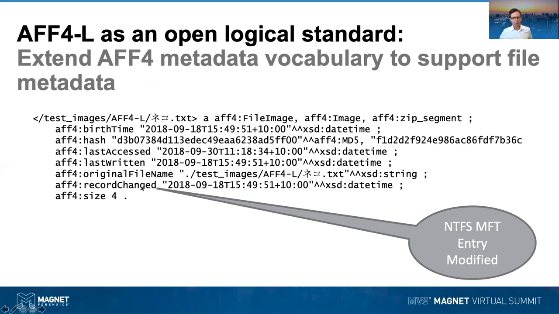And this is a very small file, it's only 4 bytes in size. Finally, we want to store a hash of the individual file rather than of the full disk. So we're reusing the hashing parts of AFF4 here. We've got the linear bitstream hash stored as an MD5 and as a SHA-1.